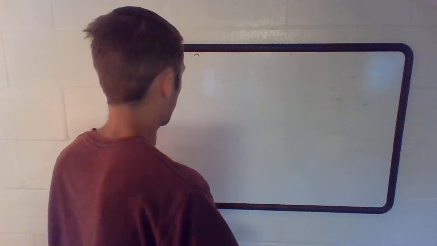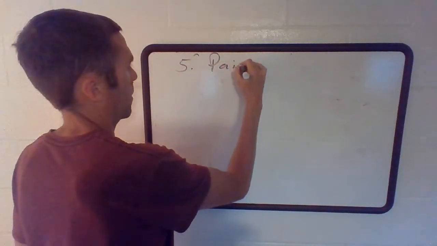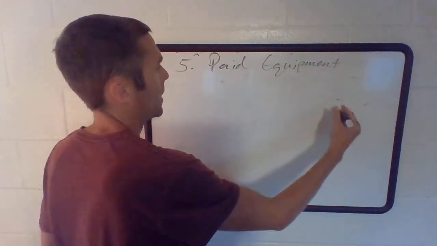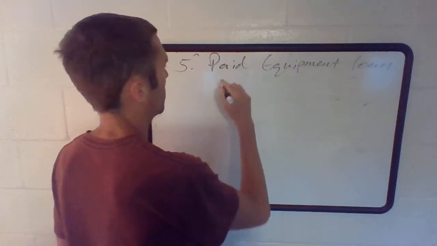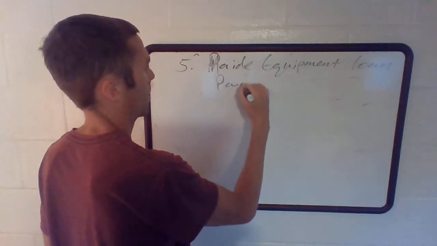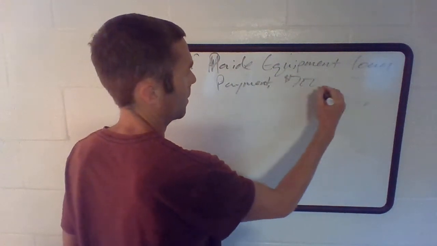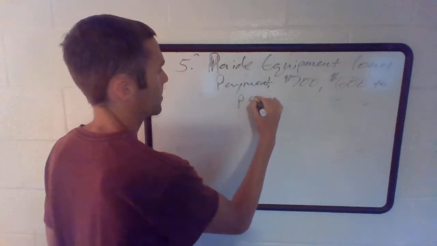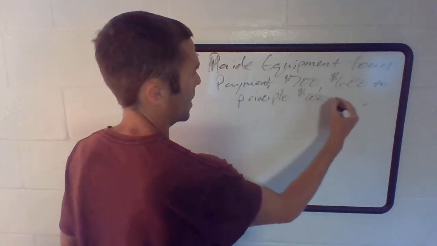Our 5th transaction: made an equipment loan payment, $700, $600 to principal, $100 to interest.